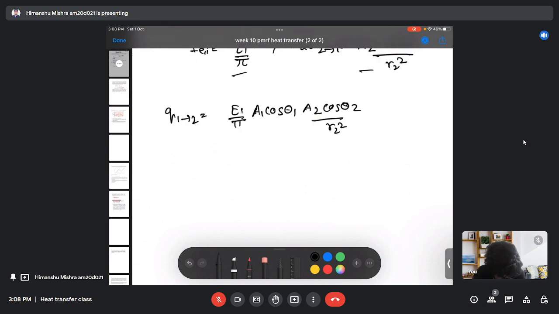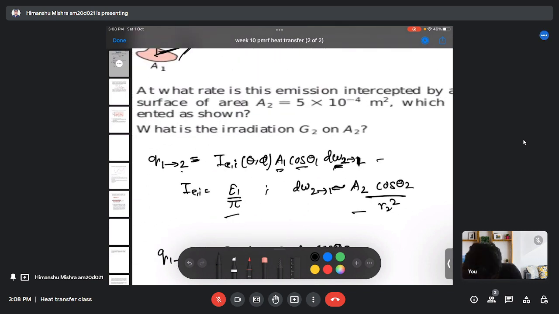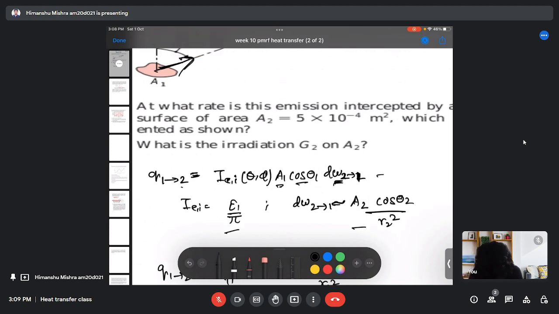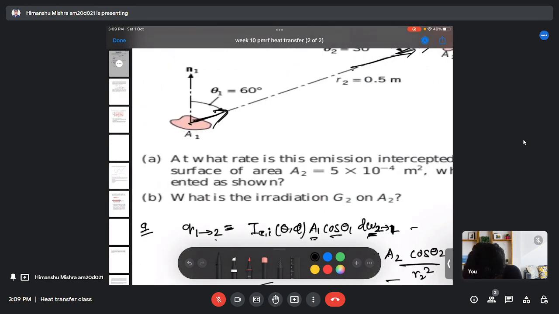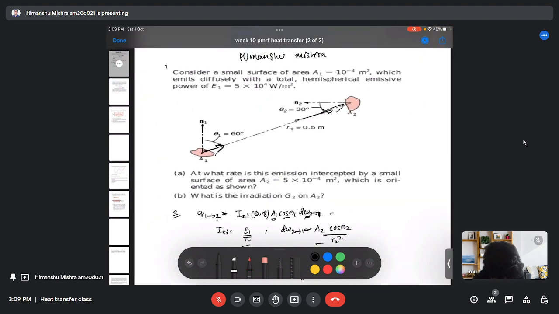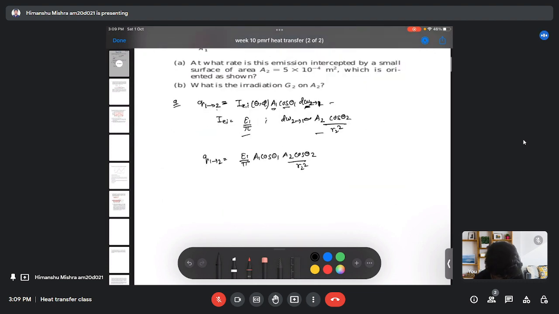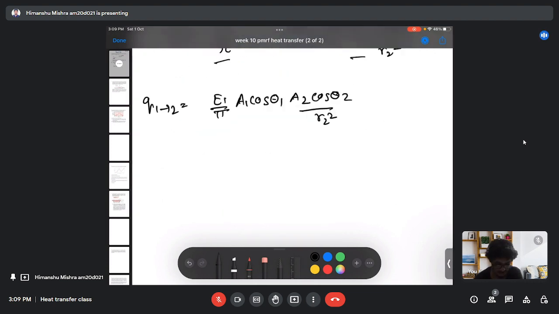Here E1 is given as 5 multiplied by 10 to the power 4 watt per meter square. So I just need to put this value.